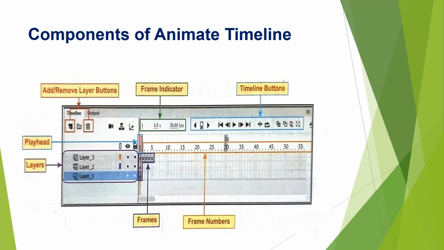Playhead. The playhead, also called the current frame indicator, marks the current frame displayed on the stage. Timeline buttons. These buttons include play, stop, start and end, loop, on, off, and onion skin, which are used for controlling frames, layers, and movies.